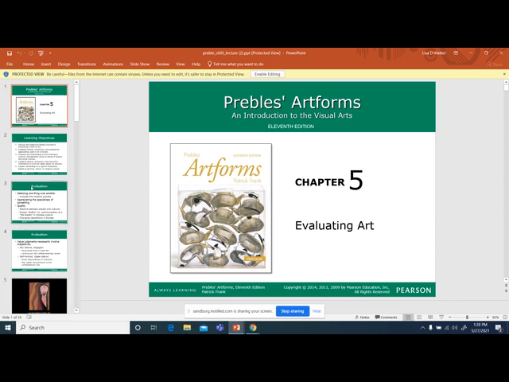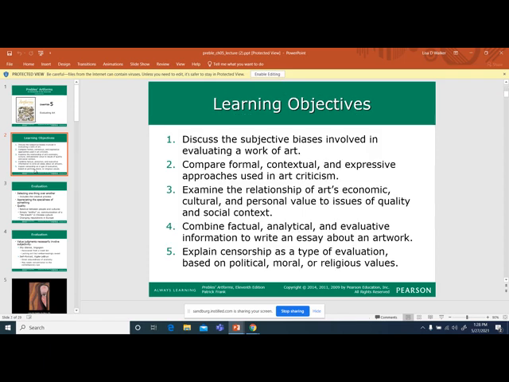So let's just jump in and see what we got. Now, I'm going to walk you through these objectives, even though I'm not going to always do it, because everybody has a bias, like I just said. And you need to understand when you look at art that whereby it's okay to have a bias, you cannot let your bias be the first thing you apply.